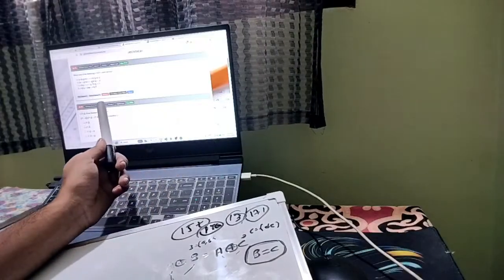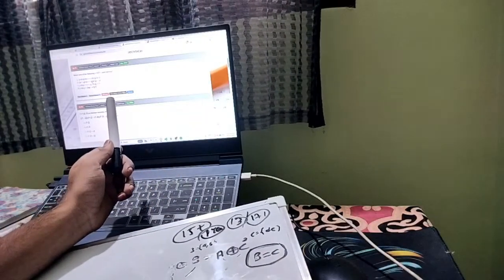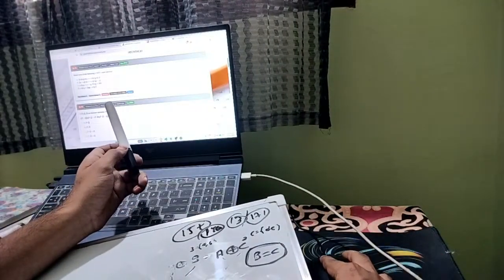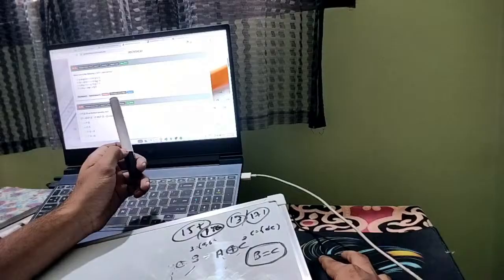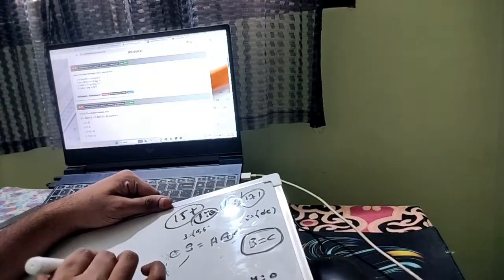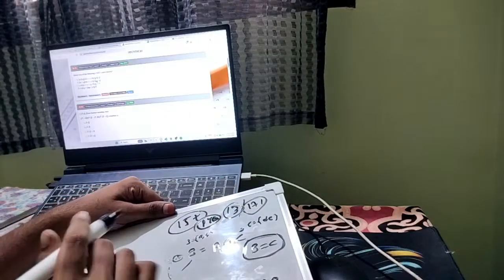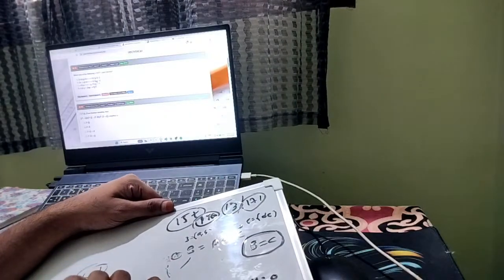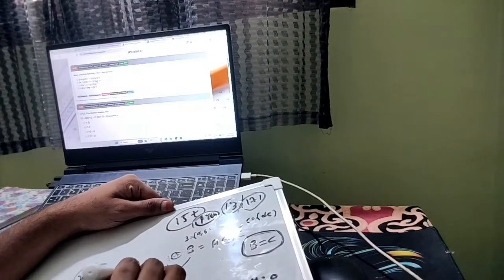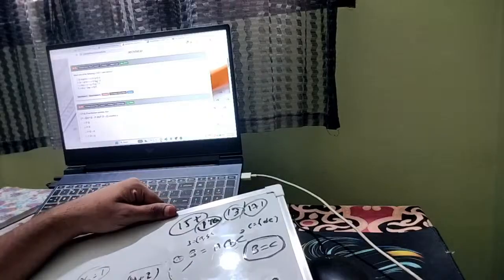Consider x equals 1. If we take x equals 1, the whole complement will be the answer. So if we take x equals 1 and y equals anything, then it will become 1 plus y, which is anything. 1 XOR z equals y plus z whole complement.